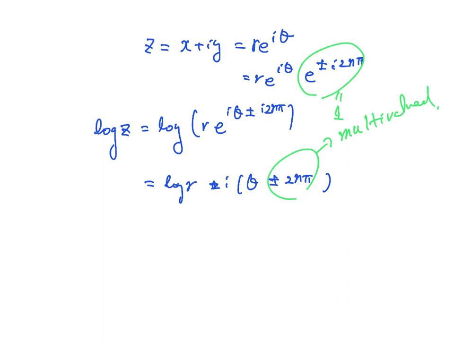So you need to confine which angle you want to use. Especially, you like to confine your angle from 0 to 2π. Otherwise the angle can keep multiplying and you have different imaginary numbers.